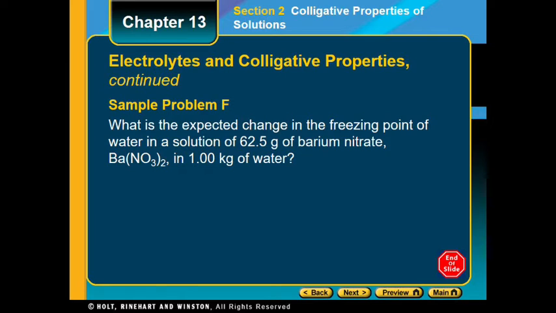If I'm looking at all of this right here, expected change in freezing point, a change, that's your delta. So delta TF is what we need to calculate here. And to do that, we have KF times, so that's our constant, times the molality.